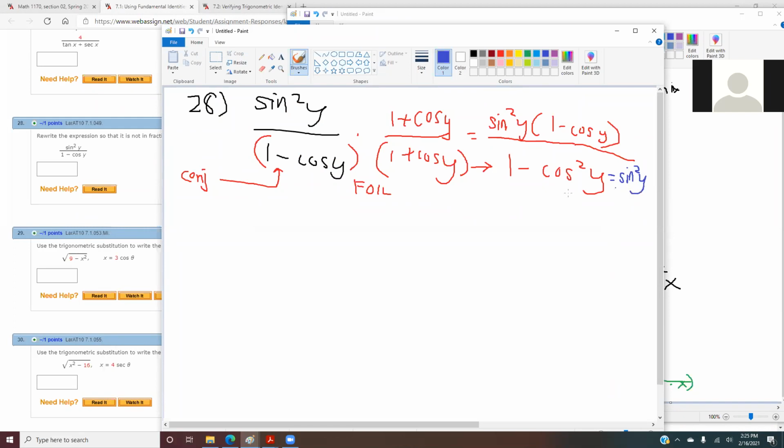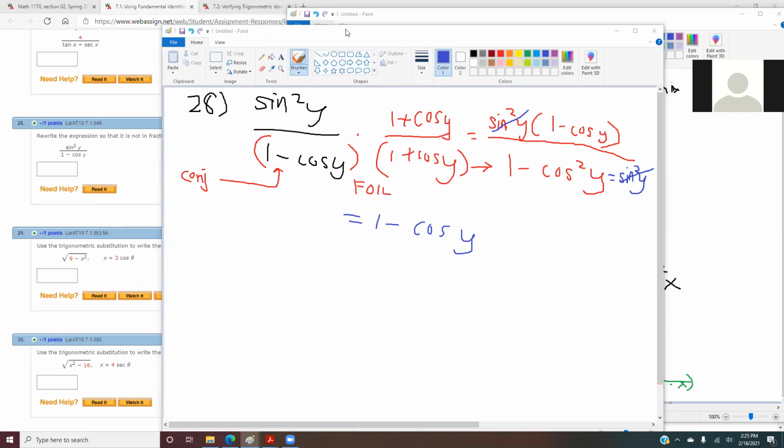And that's why I do not want to distribute the sine squared y on top, because this sine squared y and this sine squared y can be canceled. So what you get here is 1 minus cosine y. Good. So that's your answer for question number 28.